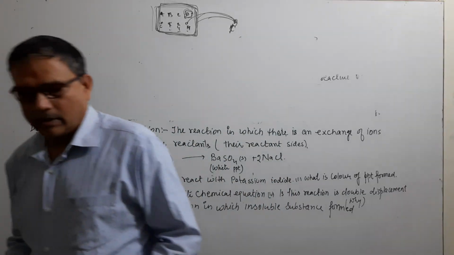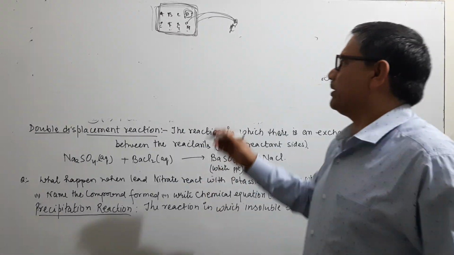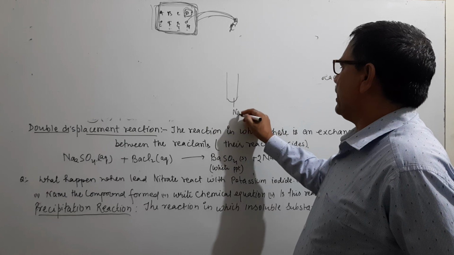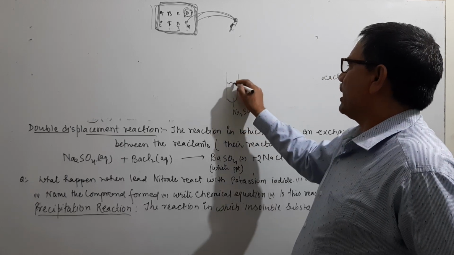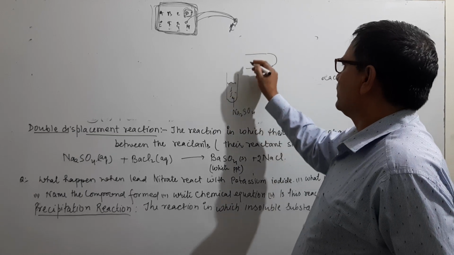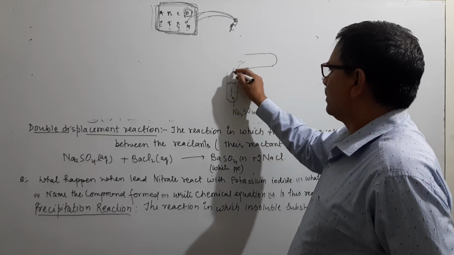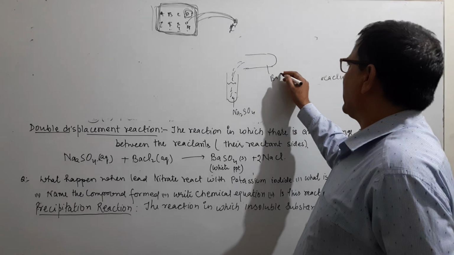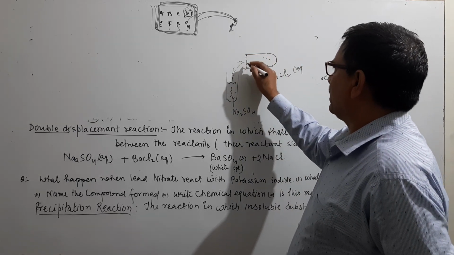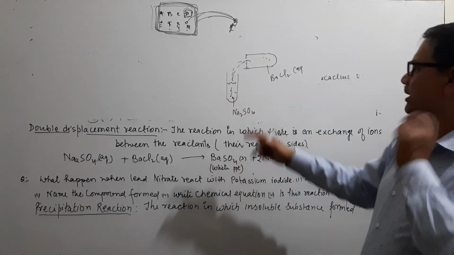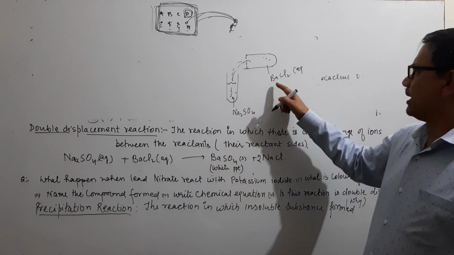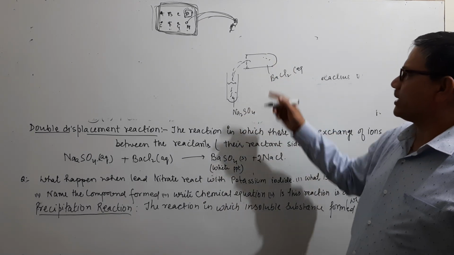Now take 2 gram, we have taken a test tube, that is the aqueous solution of Na2SO4, and take another test tube, that is aqueous solution of barium chloride. In one test tube is sodium sulfate and in the second test tube is barium chloride.